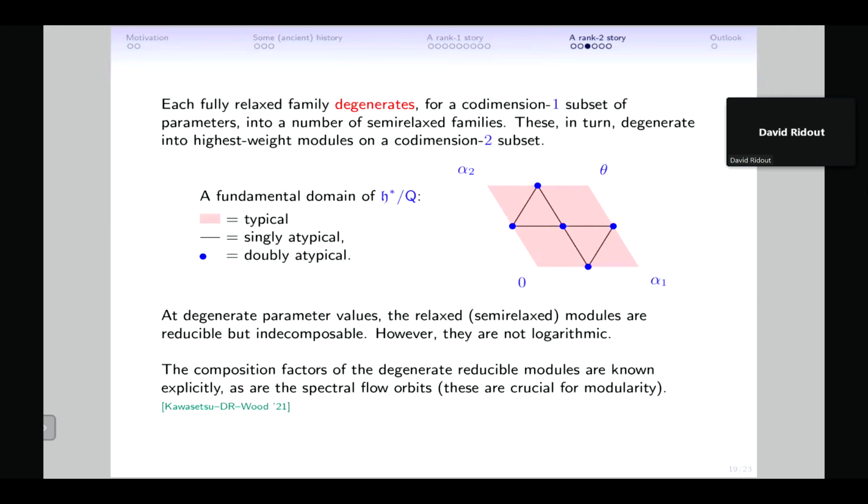So you end up with this sort of middle family. And if you tune the parameters so that you end up at one of these blue dots, it breaks up further into highest weight modules. So, there's a nice way of understanding this, and you have to understand all of these degenerations and all of the spectral flow orbits so that you can understand how the category can qualify to be modular.